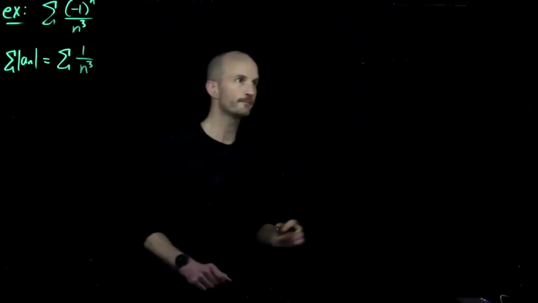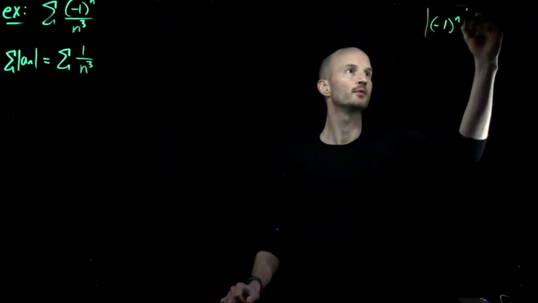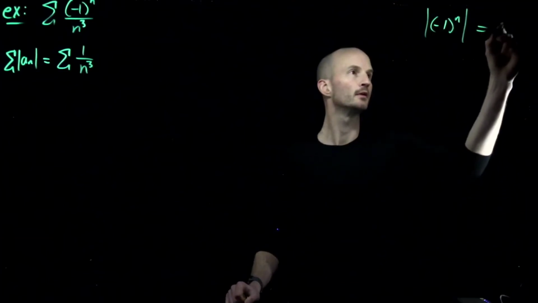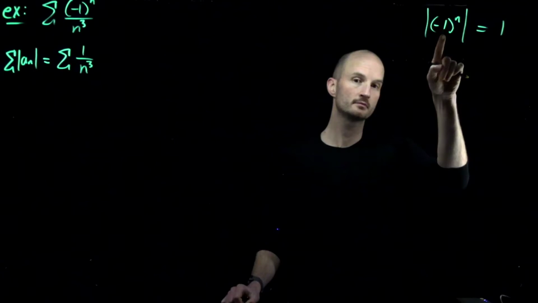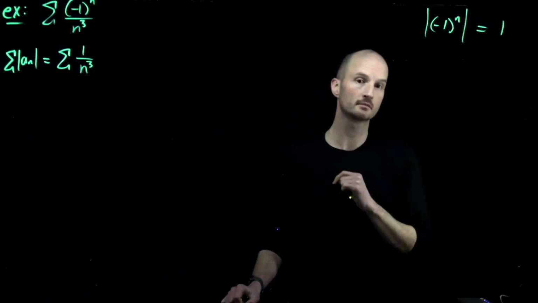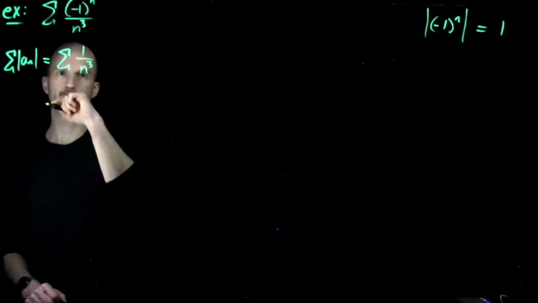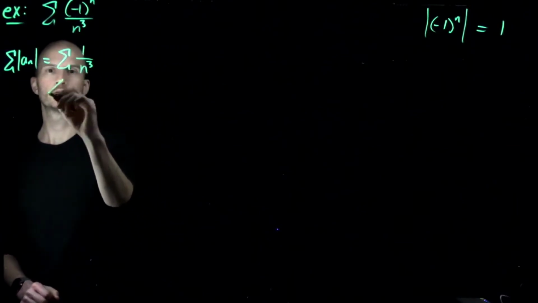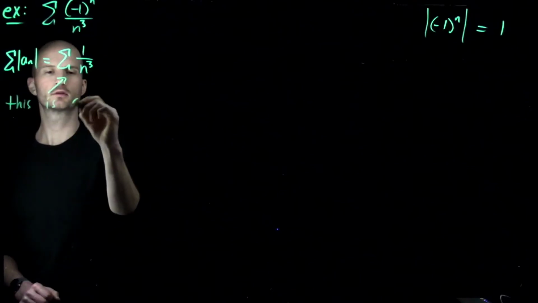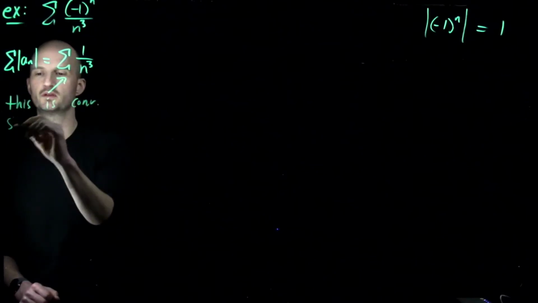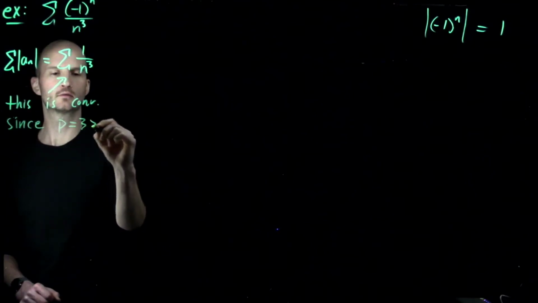The minus 1 to the n, when you take the absolute value, you just get 1, because this is plus or minus 1, and in either case it's just 1. Now this guy is convergent since p equals 3 is greater than 1.